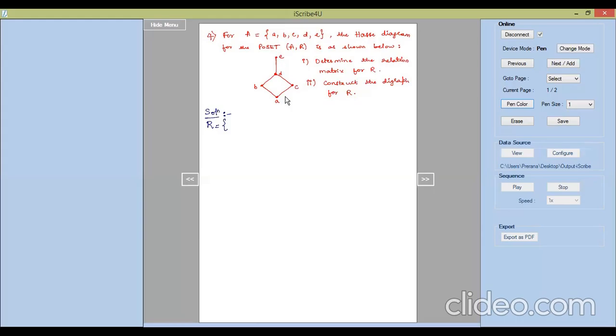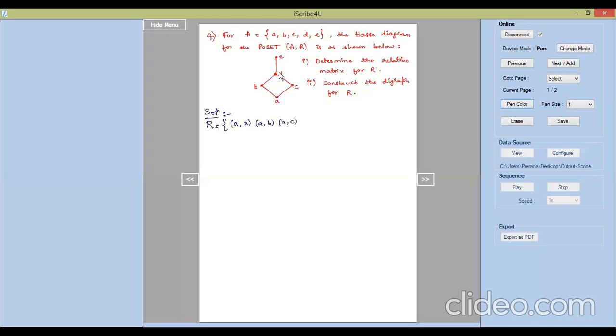Okay, so first I will write down starting with A, loop is obvious. Next we see that A to B there is an edge, A to C there is an edge. So I can write down AB and AC. Next, since A to B and B to D there is an edge, due to the transitivity property, we can write down A comma D also.